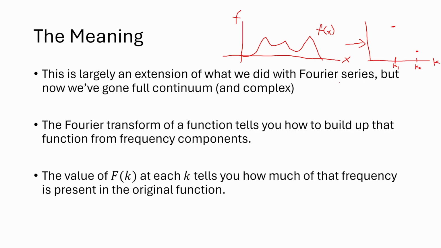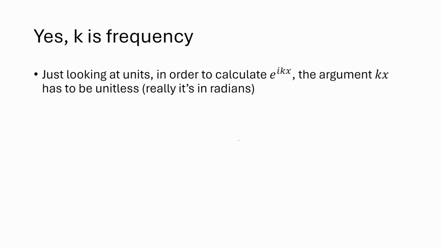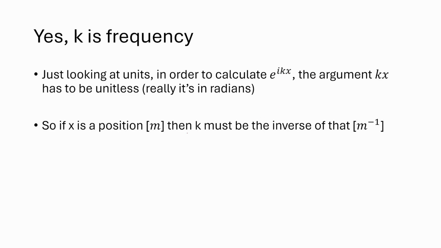But how do we calculate them? Well, actually, first, I should say a little bit more about this k business, because I've just been calling it the frequency. But what I mean by that, to be more specific, is that the variable k here, units-wise, if we do our dimensional analysis, x is position, this is meters.